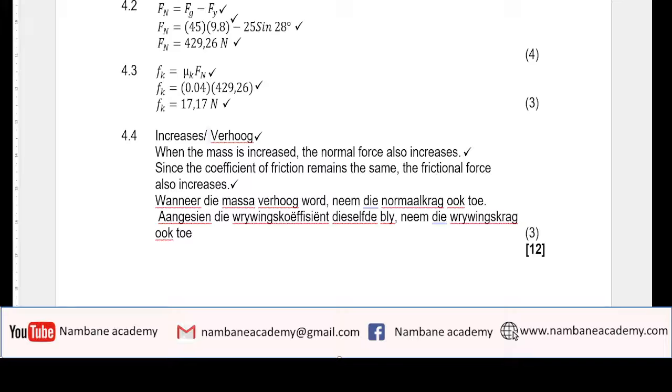Since the coefficient of friction remains the same, the frictional force also increases. So it's 1 mark for increase and 2 marks for the explanation. You must make sure the last explanation says, since the coefficient of friction remains the same, the frictional force also increases. Total mark, 12 marks.